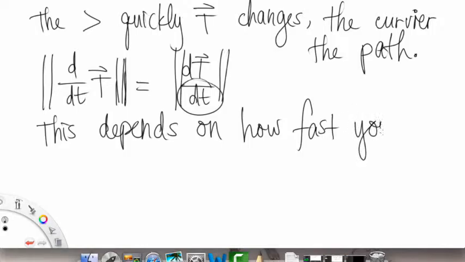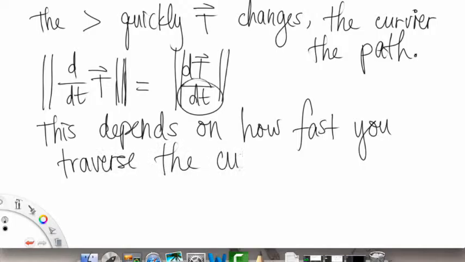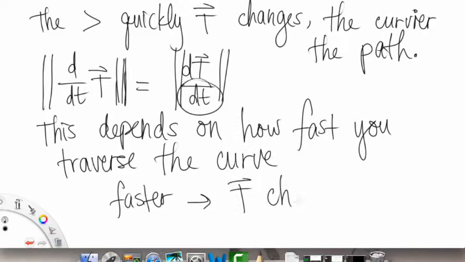So I'll just put traverse. How fast you traverse or travel along the curve, or the path. Okay, so that means that if you're moving faster, then T is obviously going to change more quickly.